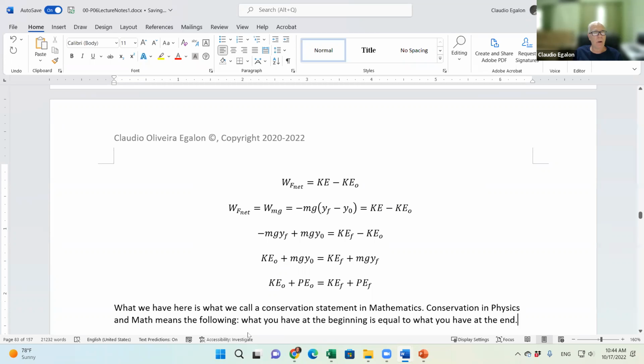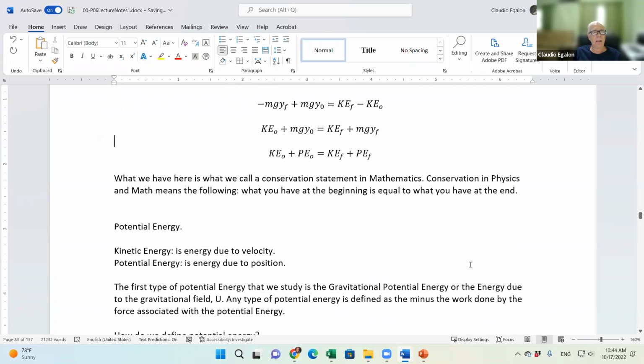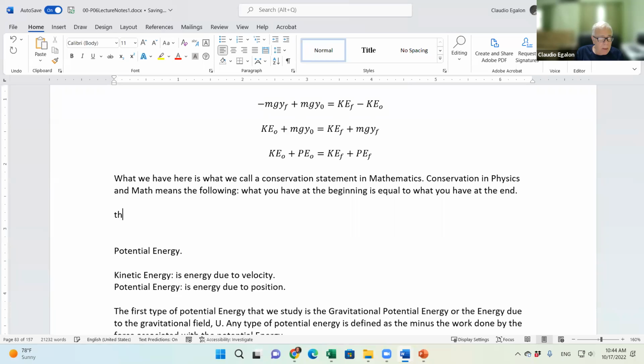So here you go. Kinetic energy plus potential energy at the beginning is equal to kinetic energy plus potential energy at the end, okay? This sum that you see, the sum of kinetic energy plus potential energy, has a name, and it is called the mechanical energy. Okay?